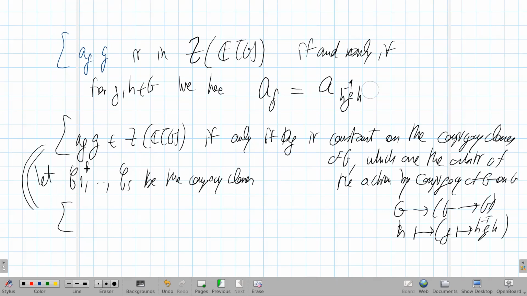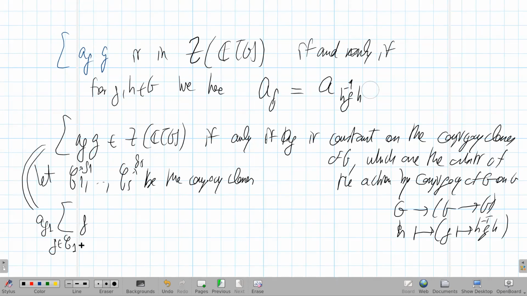Let's say that G1 is an element of the first conjugacy class and GS is an element of the last. So on the first conjugacy class, this element AG is constant and its value is AG1.